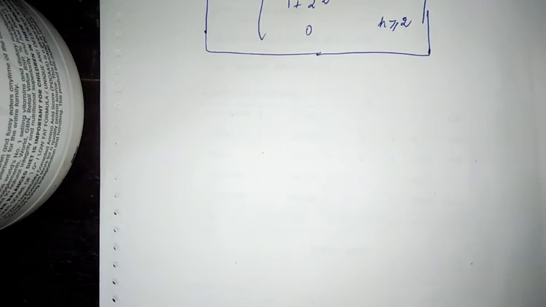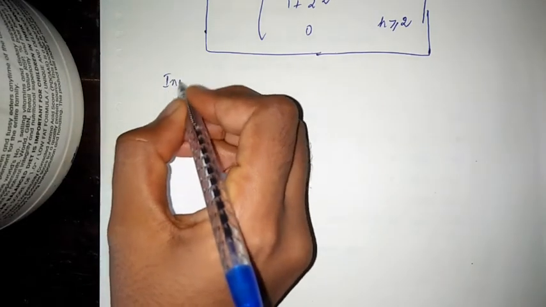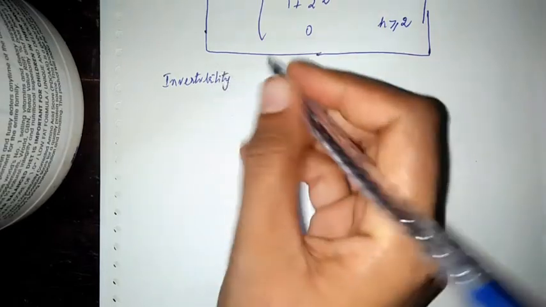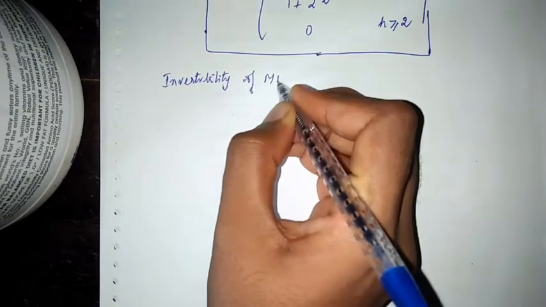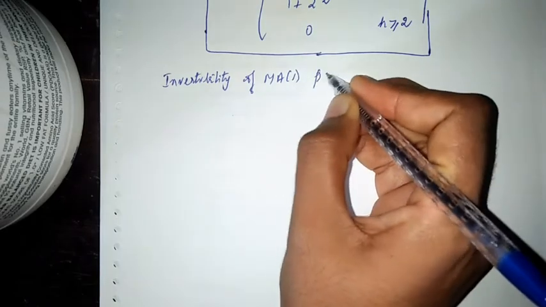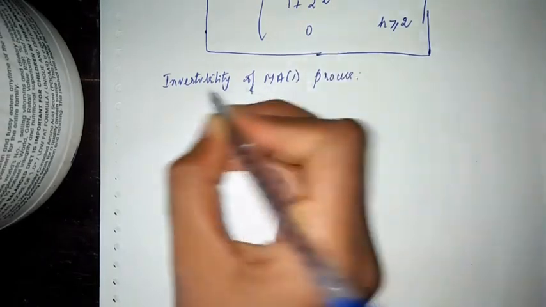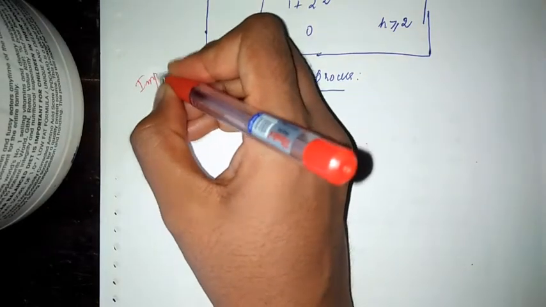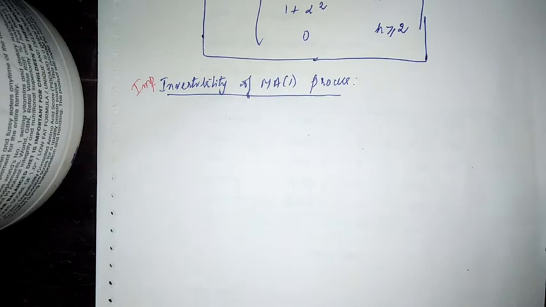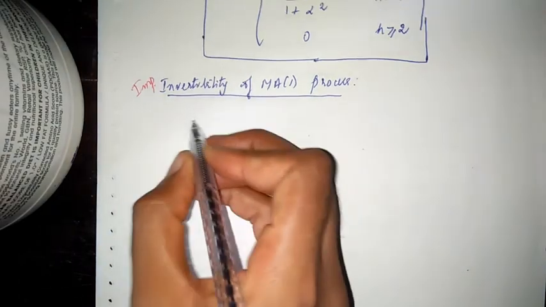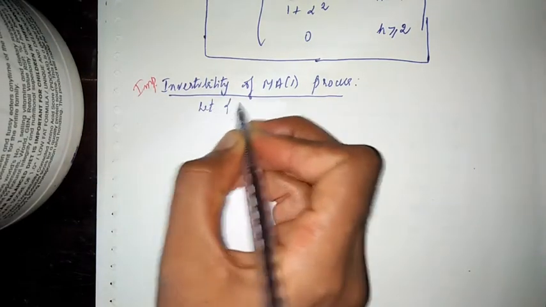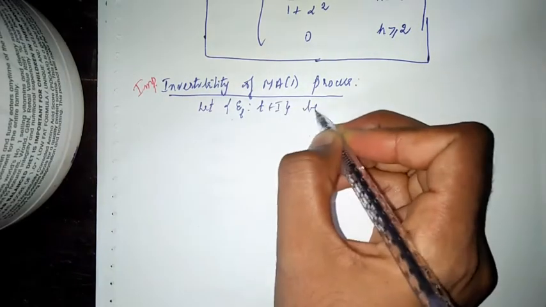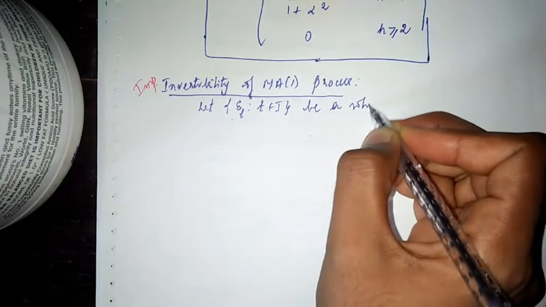So now how to derive the condition for invertibility of MAQ process. Invertibility of MA1 process. So this is important, invertibility of MA1 process, and it is simple also. So let epsilon t belonging to I be a white noise process.